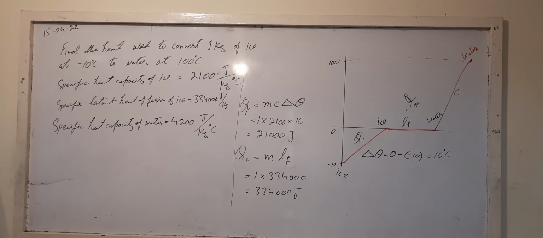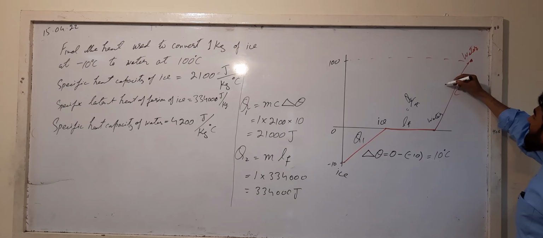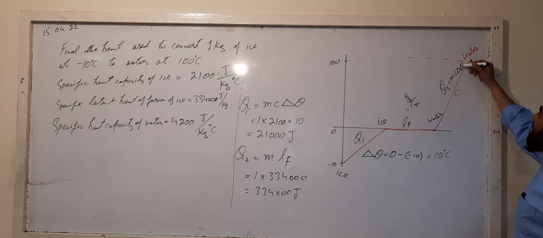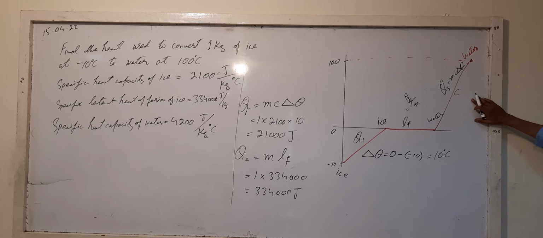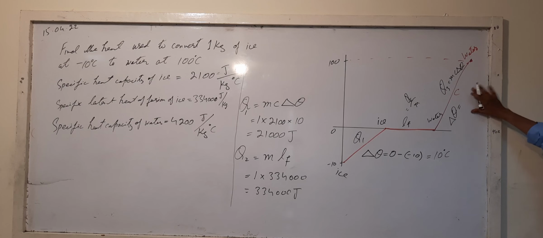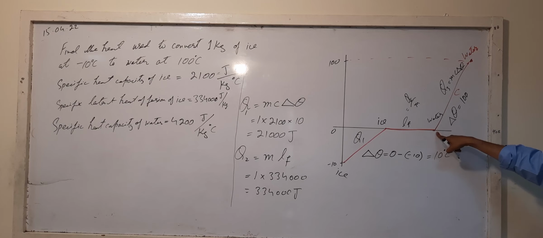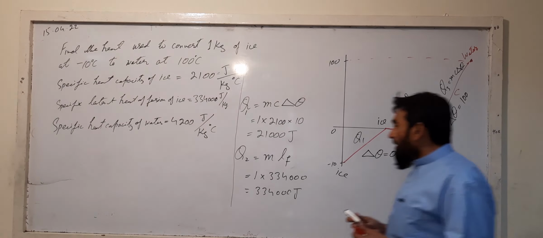So here the heat at the third stage, Q3, is equal to mc delta theta. What is delta theta in this case? 100, yes, because the final temperature is 100. It is starting from 0 to 100.